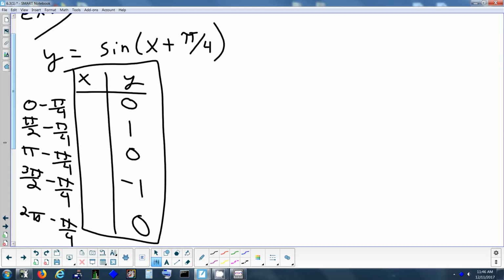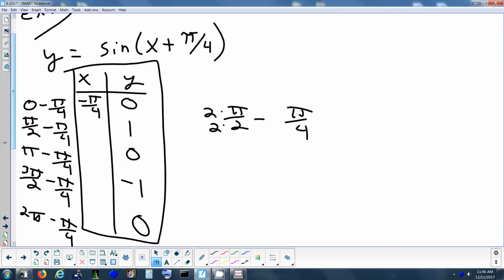What's 0 minus pi over 4? Negative pi over 4. Now the next one, pi over 2 minus pi over 4. What's the common denominator? 4. Right? A common denominator can't be smaller than anything you have. It has to be bigger. So multiply by 2, multiply by 2.